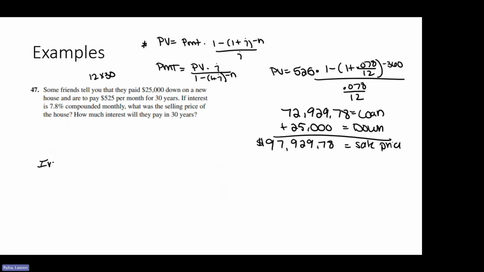If I want to find interest, that's going to be what I paid minus the loan. So we paid $525 360 times, minus my loan amount, $72,929.78.